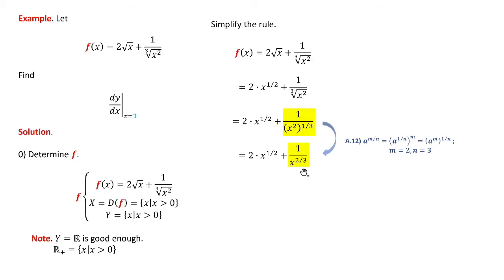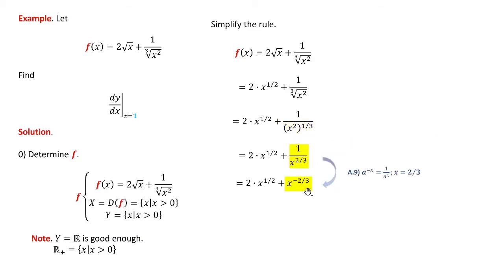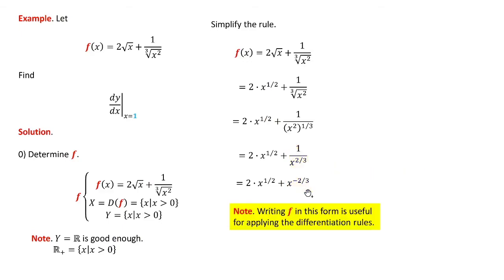But I still don't want it in the bottom. I want to bring it up to the top. And again, if you're fuzzy with these rules, we just need to practice. So this is the form that's most useful for applying the rules.